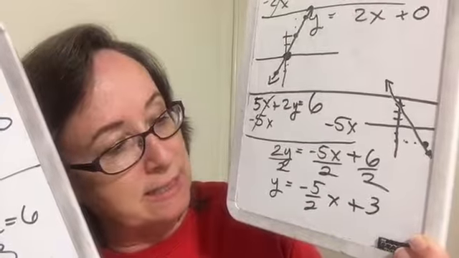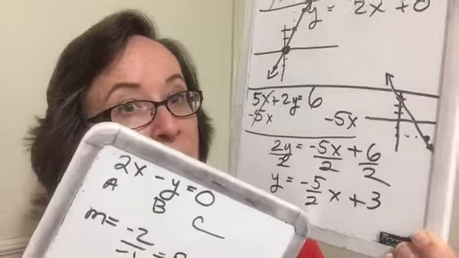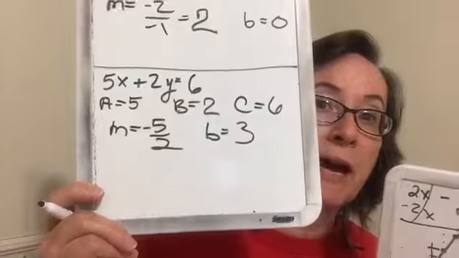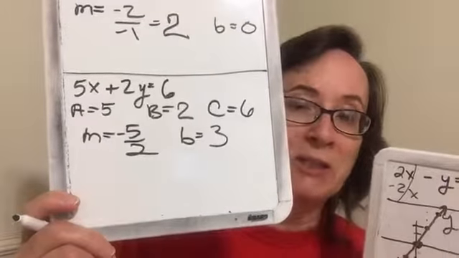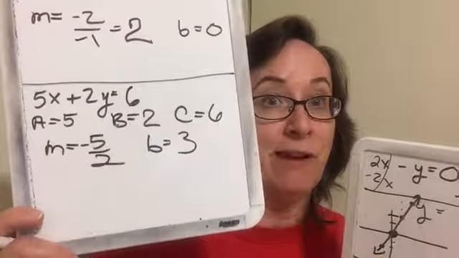All right, well now go back to when we worked it out in detail, and we turned it around to y is negative 5/2 x plus 3. So negative 5/2 is our slope. And look what we got for our slope when we just used negative a over b. We got the same thing, a little bit faster.